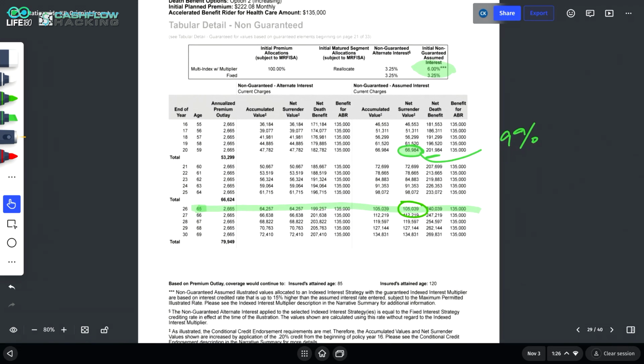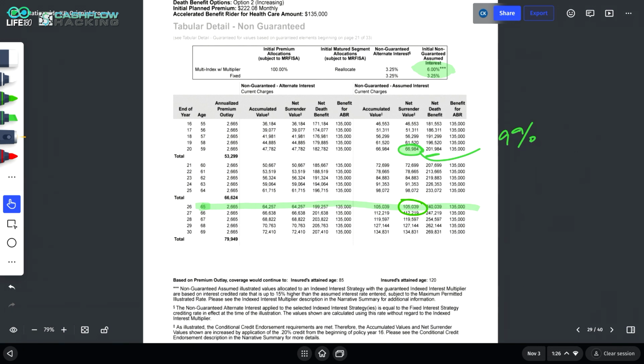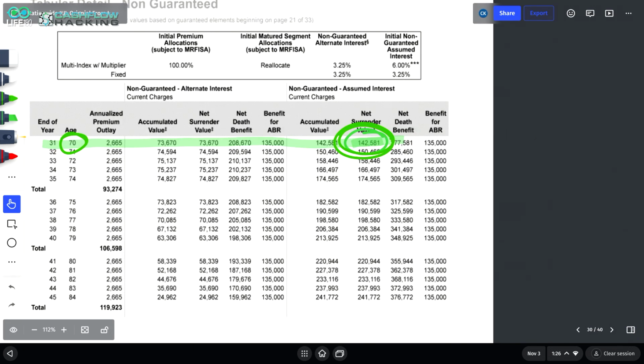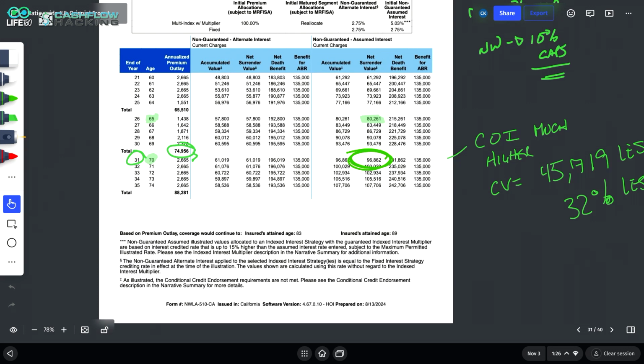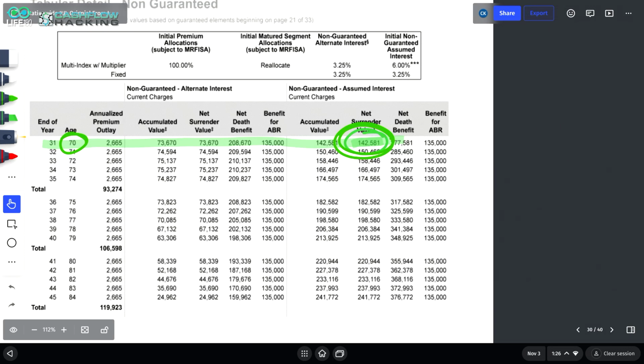And what I want to do here is go to the next page, and I want to get to age 70 right here. Age 70 on the original illustration that you bought was $142,000, okay? $142,000 based on this premium and the 6% assumption right there. So that is what it is.